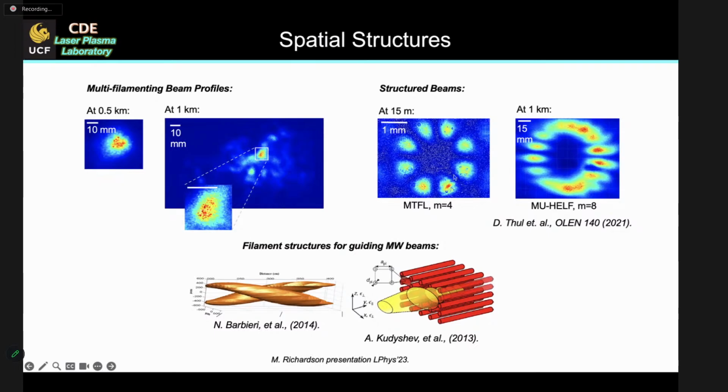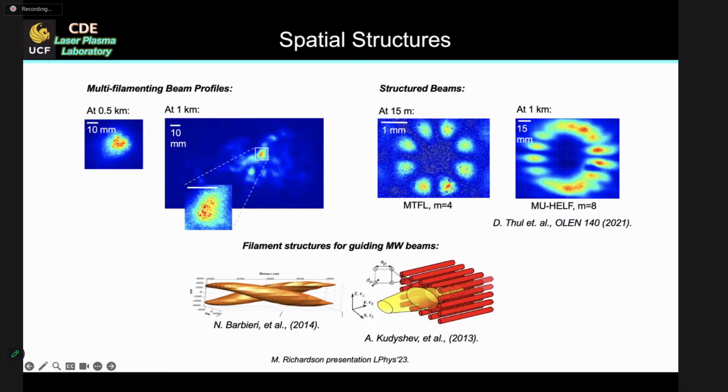We're interested in these distributions for several applications. Our initial work, published in Nature, was on the possibility of using these structures to modify or focus much longer wavelength radiation, particularly microwave radiation. We've looked at a number of different types of filament structures for microwave focusing.